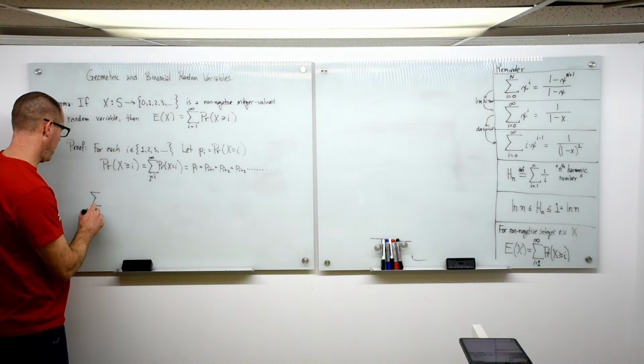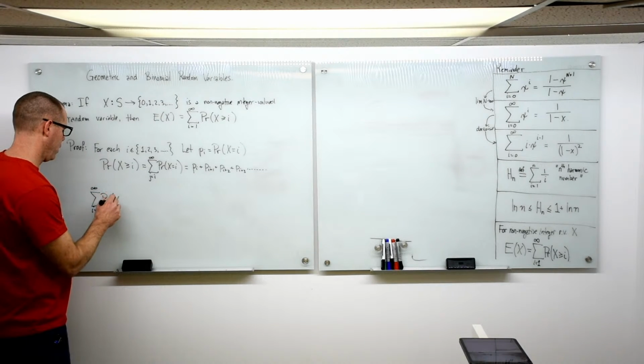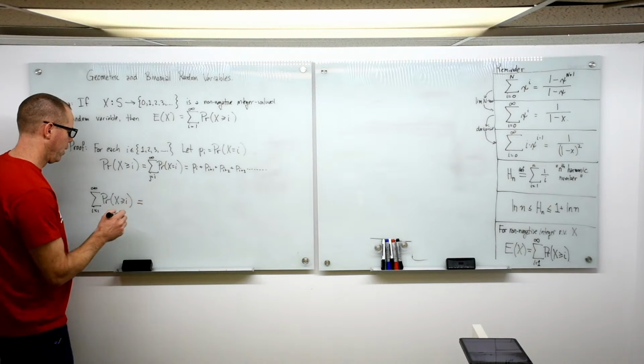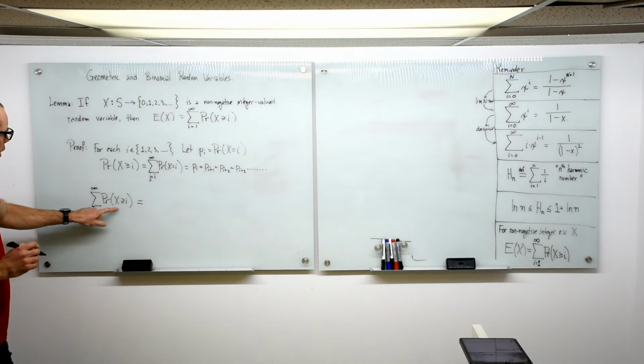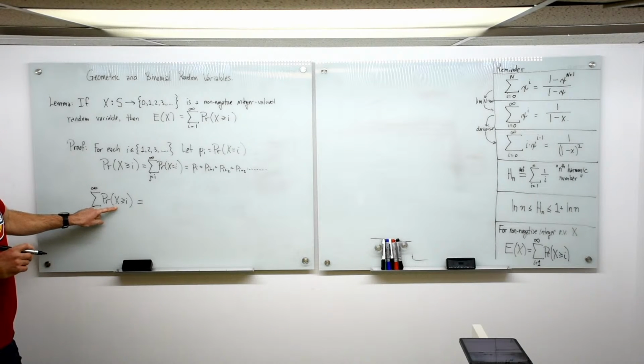The sum over i from 1 to infinity of the probability that X is bigger than or equal to i. Well, the first thing in there is the probability that X is bigger than or equal to 1.